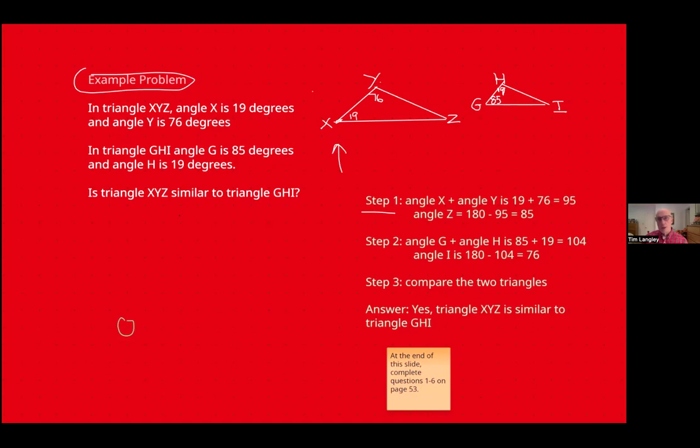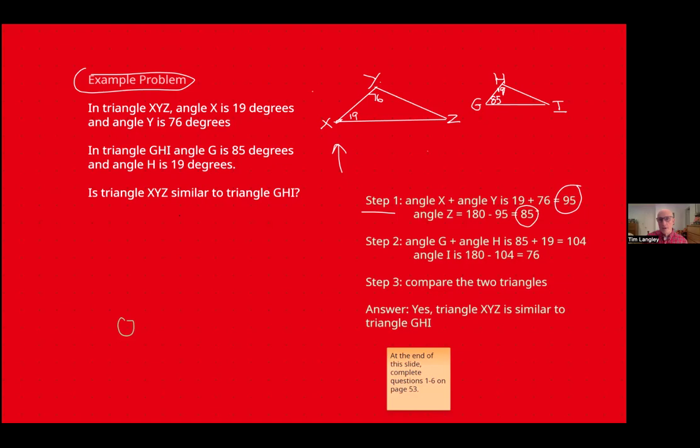We know that all three of those angles from last session add up to 180. So if I add the two angles I'm given together and subtract that from 180, that gives me 85 degrees, which tells me that this angle here, Z, is 85 degrees.